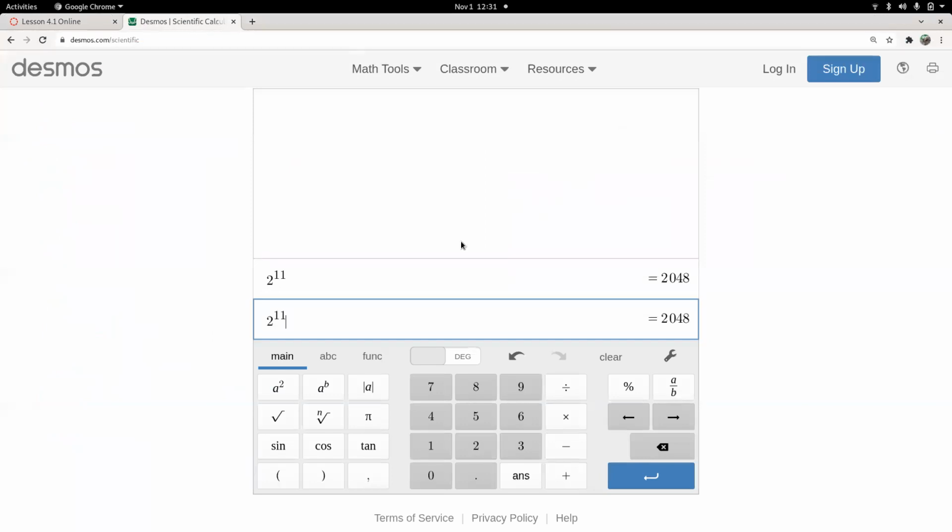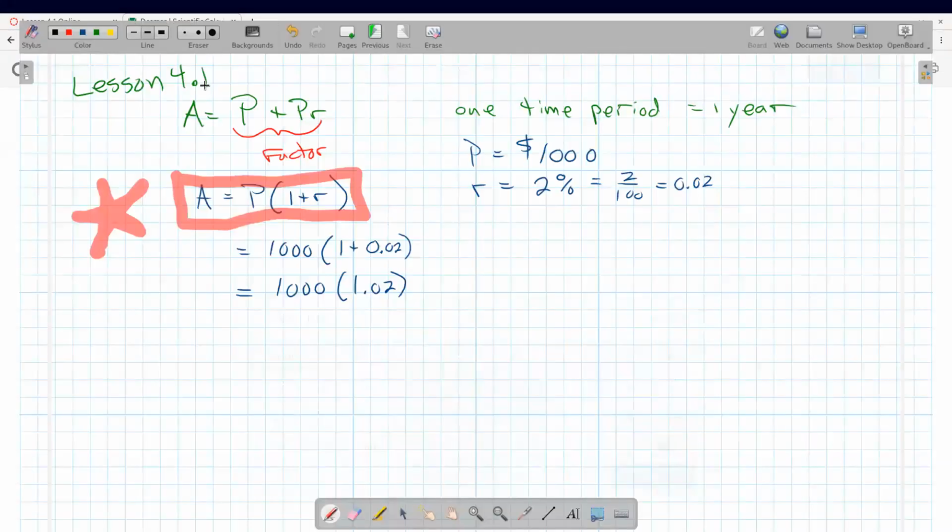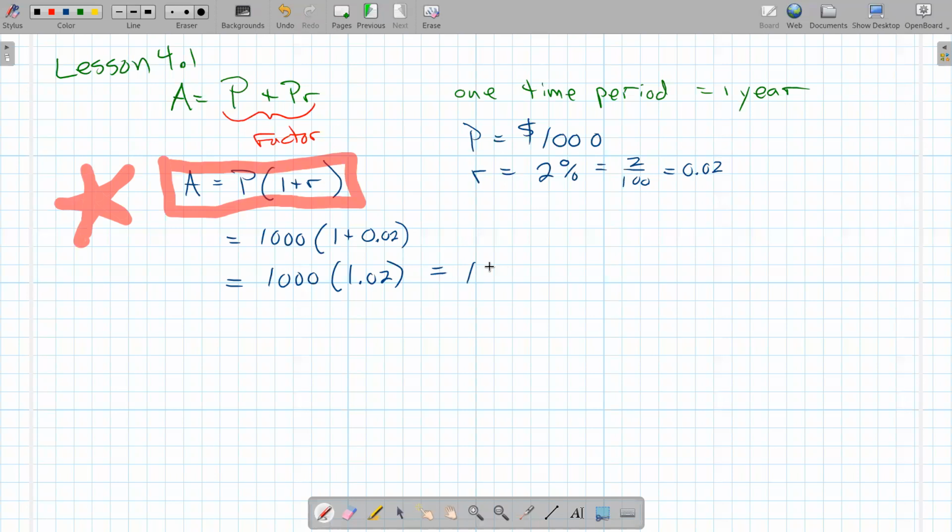Yep, that is true. 1,000 times 1.02 gives me $1,020. Right, so this would be after 1 year.